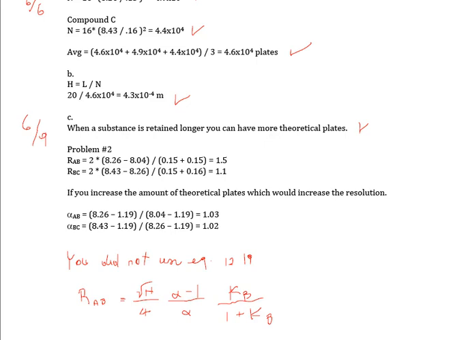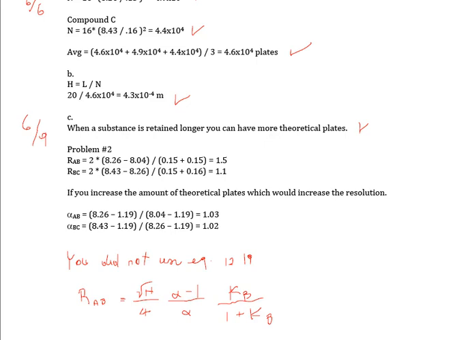So the idea was to compare the two equations, 12.1 and 12.19, and you should actually have had the same result. Equation 12.19 is a little bit more involved because it includes terms such as the square root of n, alpha, and kB.